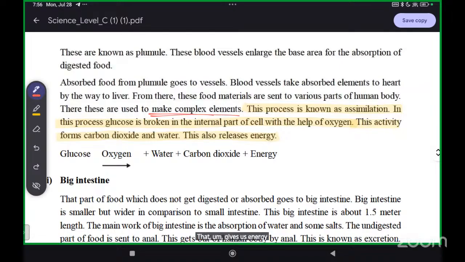When in the cell the glucose breaks down in the presence of oxygen, it releases energy, and this process is known as the assimilation process.